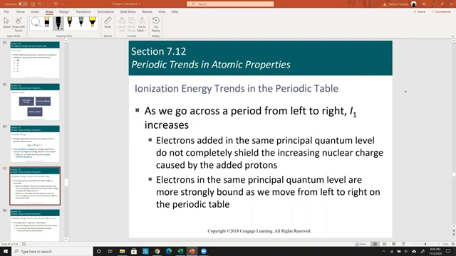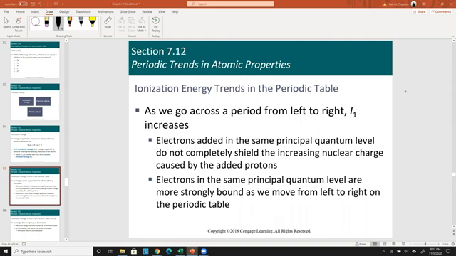As you increase electrons, the electrons do not completely shield the increasing nuclear charge. What happens is you go across, you're adding protons. So electrons in the same principal quantum level are more strongly bound as we move from left to right. Yeah, that makes sense.